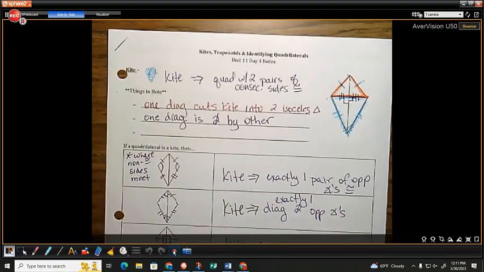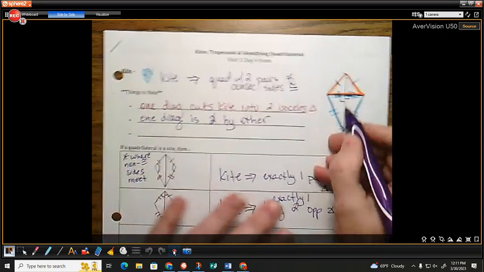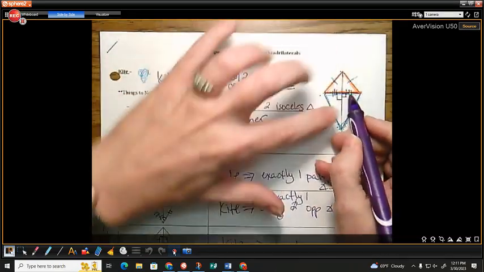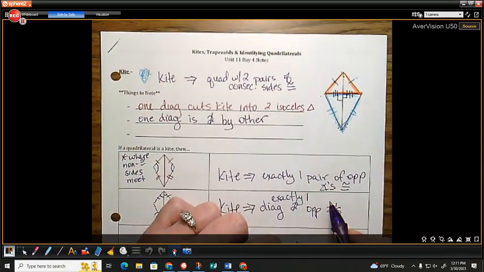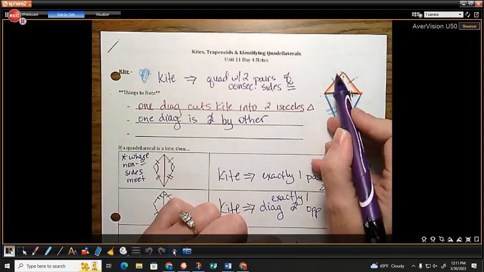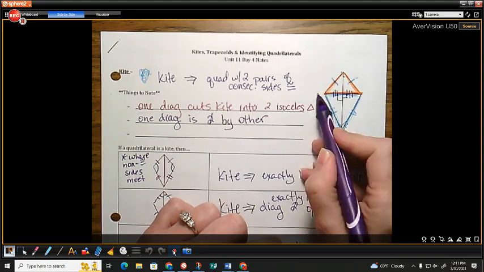Do they both get bisected? No. Well, what happens if both diagonals bisected each other? It'd be a parallelogram, because that's one of your parallelogram properties, that both diagonals bisect each other. So only one of them bisects. The one that gets bisected is the one that's between your two different isosceles triangles. You've got this isosceles on top, this isosceles on bottom.